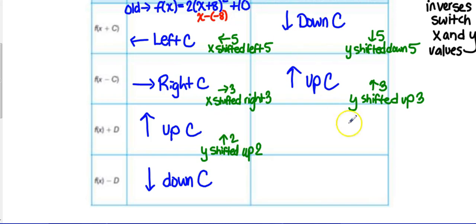So now we would be talking x. So now how do I connect this? Because x can't move up, but up is a positive direction. So if we're now discussing x, up would correspond to going right. So x is shifted right 2.